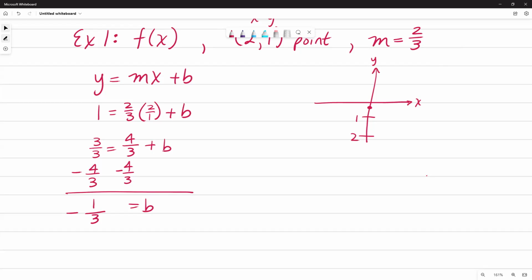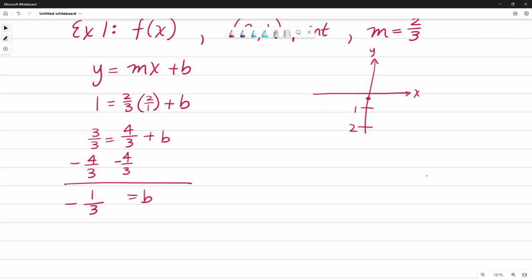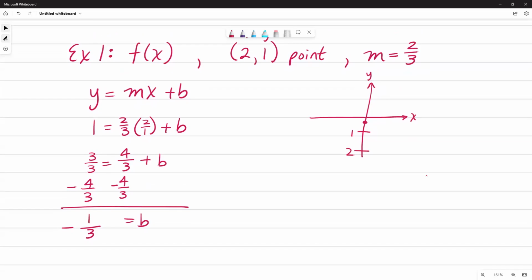So now that I have that, I can, well, they cleared it of fractions. I'm not. But anyway, that gives us our final linear function, because they gave us slope and we just calculated our y-intercept.